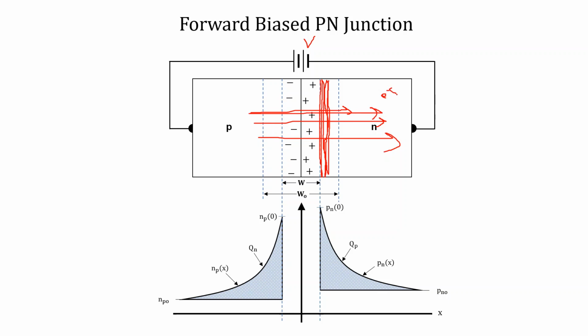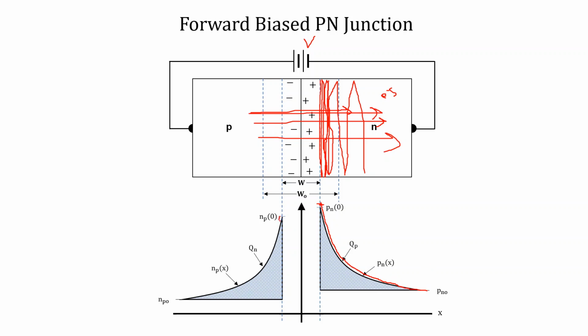So their density reduces as they move further into the N side. This is shown here with this curve. Initially holes, which are in minority in the N side, have high density, and then they recombine with the electrons and their density reduces.